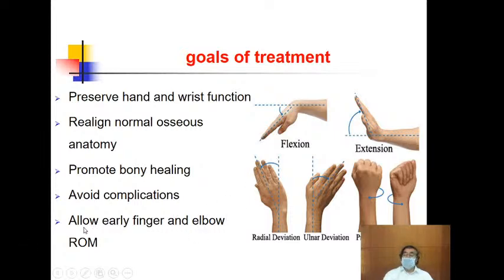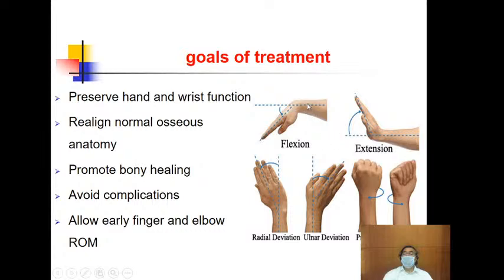And the dictum in orthopedics is that the unaffected joints should always be mobilized, always. In a wrist fracture, the fingers are not involved and the elbow joint is not involved. So the fingers and elbow should always be mobile from day one.